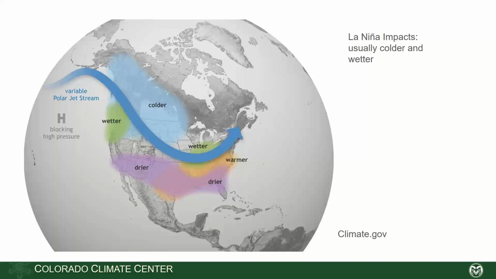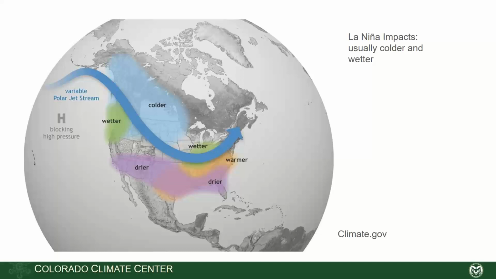This is showing the impacts of La Niña in the North America area, so across the contiguous US and Canada. And oftentimes during La Niña, the pattern that you get is high pressure off the Pacific coast, as well as more of an Arctic high pressure air mass across the Canadian Shield. And this tends to force a strong jet stream in the middle.